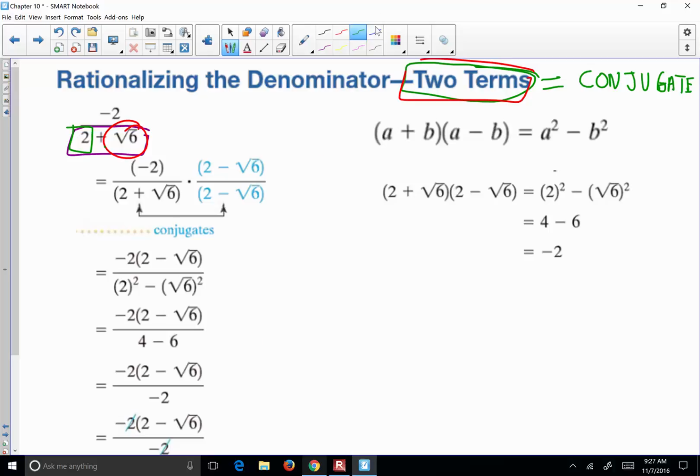What does conjugate mean? It's very simple. Flip the sign to the opposite and put that entire 2 terms on top and bottom. Conjugate means take these 2 terms with the opposite sign in between. 2 terms, look, 2 root 6 with the opposite sign. Okay?